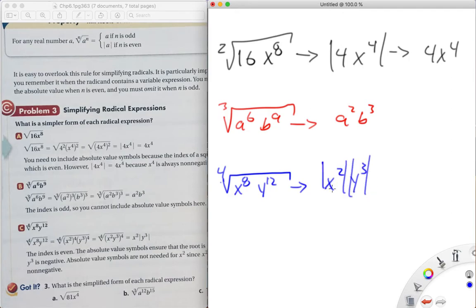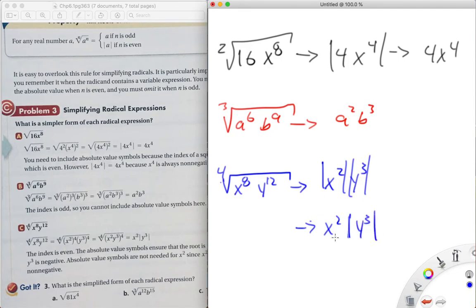But an absolute value of a square doesn't really matter. It's going to be a positive number anyway because it's being squared, so I can leave that alone and say that's x squared. But since this is an odd exponent, we're going to absolute value that one, because if I put a negative y in there, it's going to mess up the answer. So this is the absolute value of that.